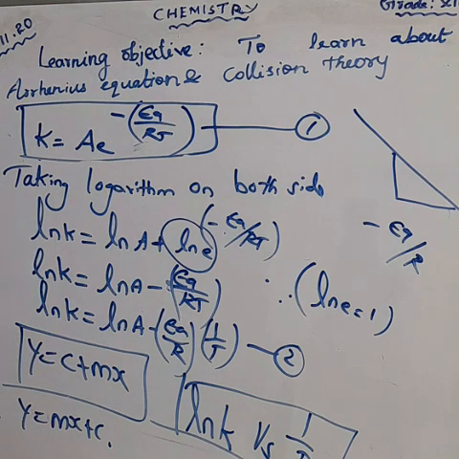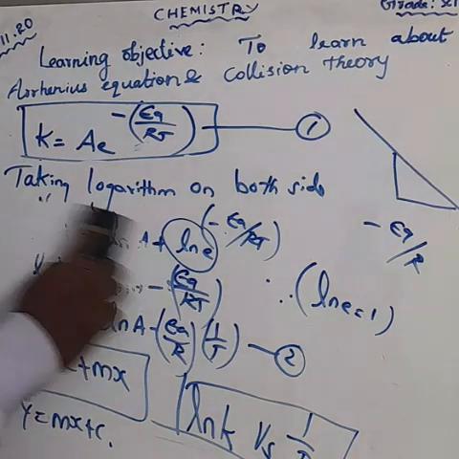So we have to write the temperatures and the rate constants. The temperatures are T1 and T2. The rate constants are K1 and K2.